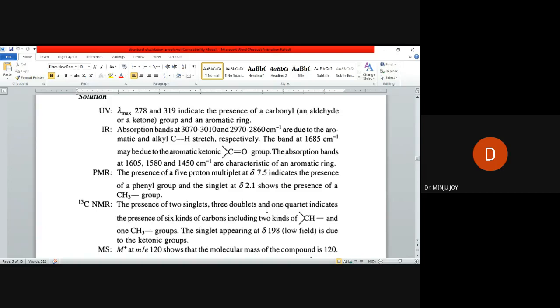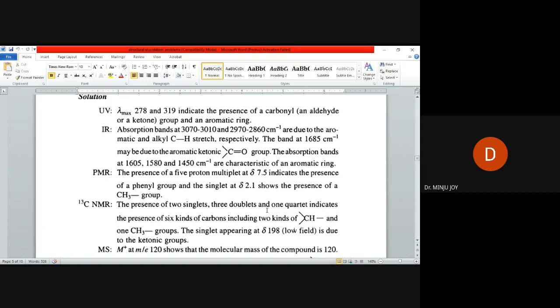The higher values in the 3000 region are usually due to aromatic C-H, and 2900 is due to alkyl carbon-hydrogen bonding. Then 1685 is due to carbonyl; usually ketonic groups exhibit in this region. And the values 1600, 1500 and 1400 again indicate aromatic ring vibrations.